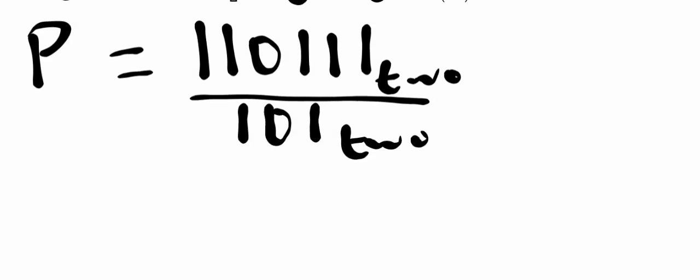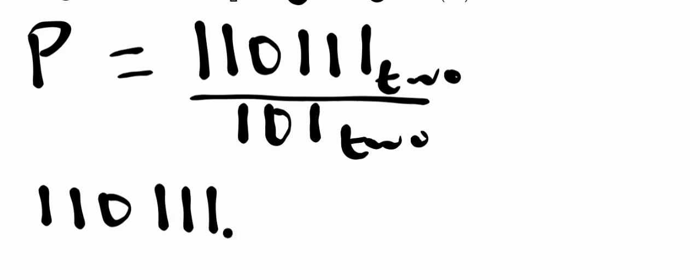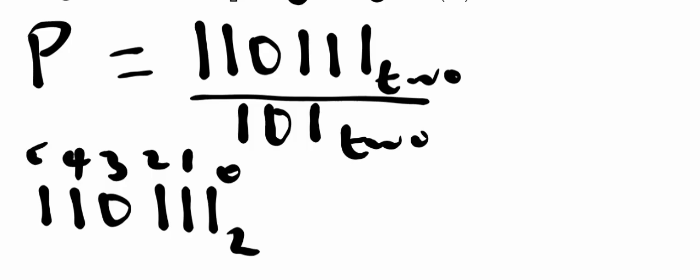But for easy division, we can convert each of these numbers to base 10. So when we convert each of them to base 10, we have the first number, 110,111 from base 2. When we convert it, don't forget the power will be 0, 1, 2, 3, 4, 5.